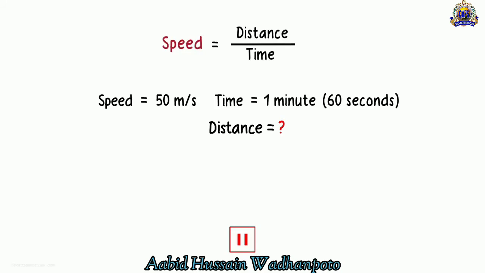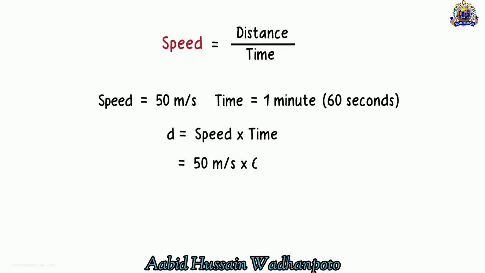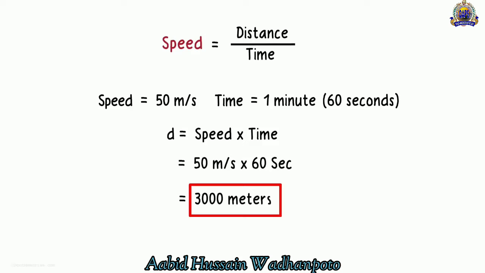What will be the distance if speed is 50 meters per second and the time is 1 minute? As we know, 1 minute is equal to 60 seconds, because time is taken in seconds due to the standard units. So here speed is 50 and the time is 60 seconds. The answer will be 3000 meters.